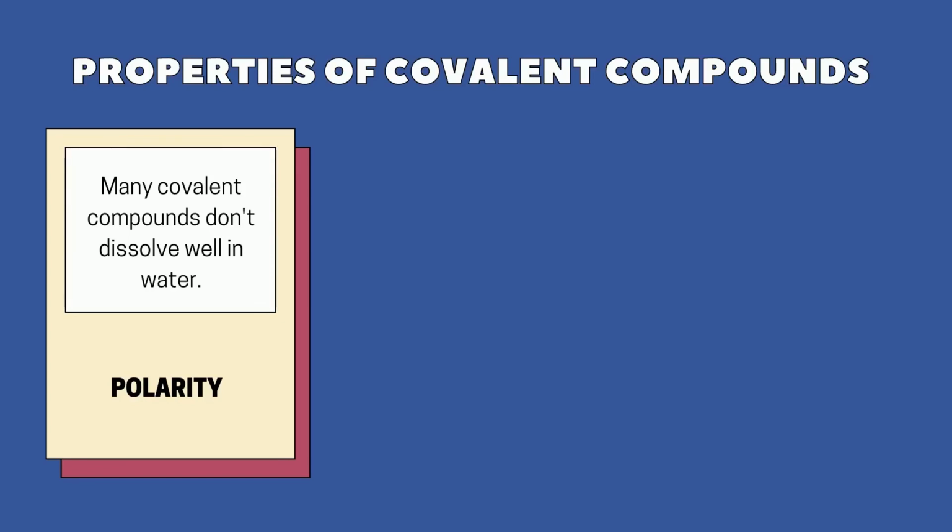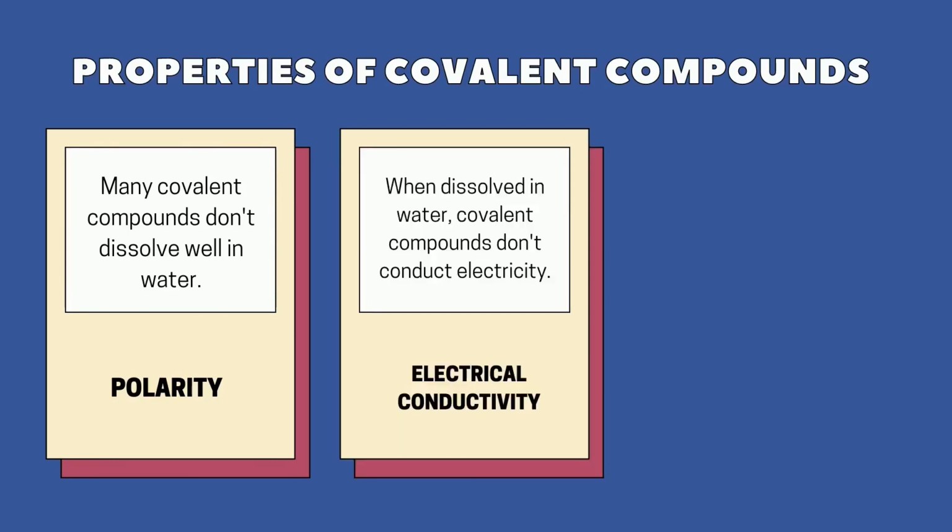Examples of covalent compounds that dissolve well in water are sugar and ethanol. Examples of covalent compounds that don't dissolve well in water are oil and polymerized plastics.